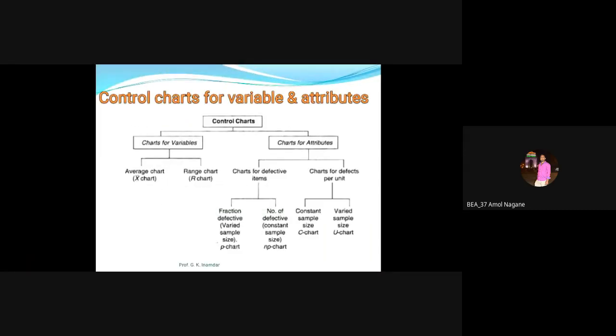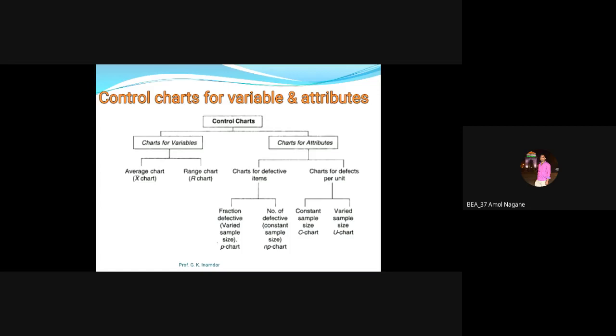Charts for defective items: fraction defective with varied sample size is the P chart, and number of defective with constant sample size is the NP chart. Suppose, for example, there is a nut and bolt manufacturing industry, where a large number of items are being produced.